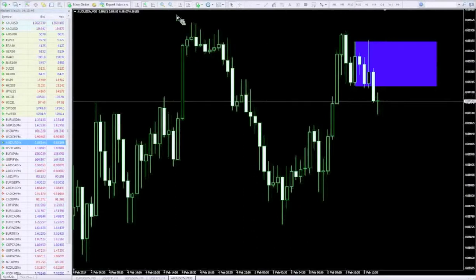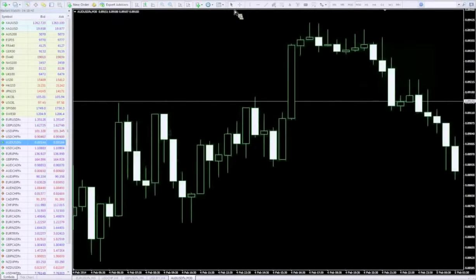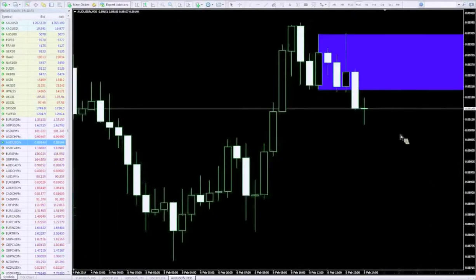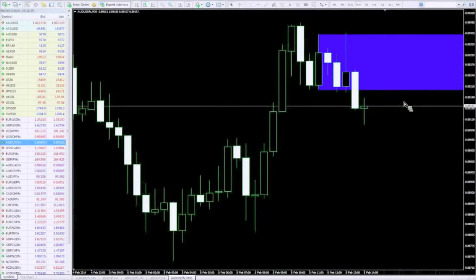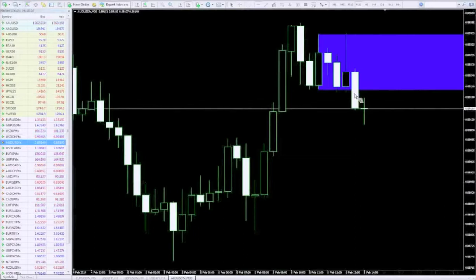I would like to get into this trade spending less money. And how I do that is with something I call a sniper trade. So what I will do is put a line at the bottom of this box.